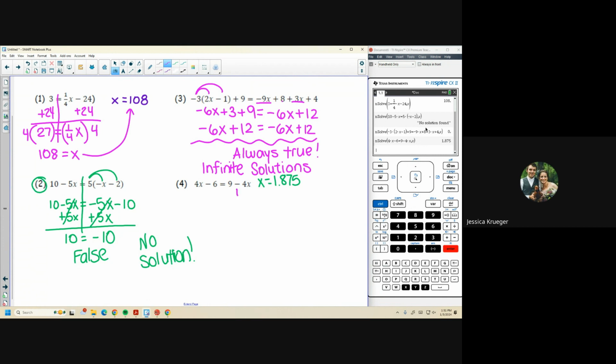Over here, if I add 4x to both sides, I end up with 8x minus 6 equals 9. Add 6 to both sides. 8x equals 15. Divide both sides by 8. And that's how we get that answer right there. Okay.